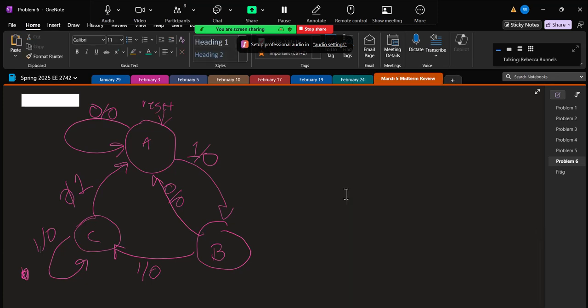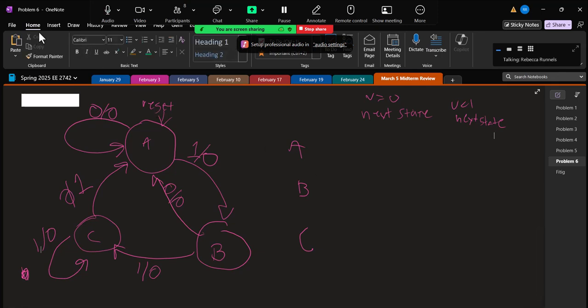Okay, so our state table, we have 3 states. We have my input V, I'll say V equals 0, next state, V equals 1, next state.